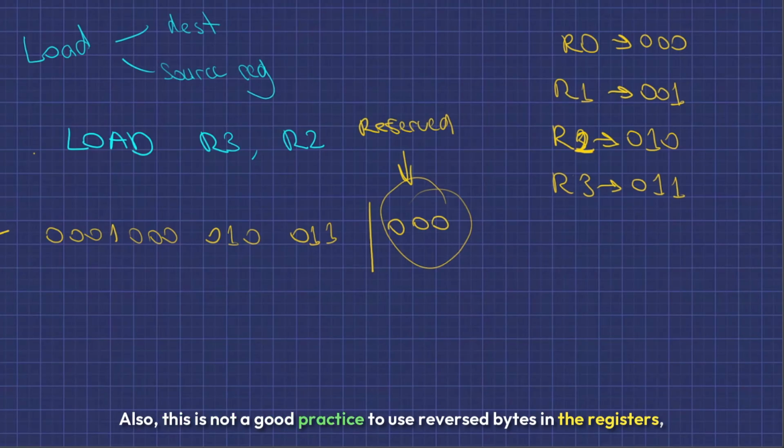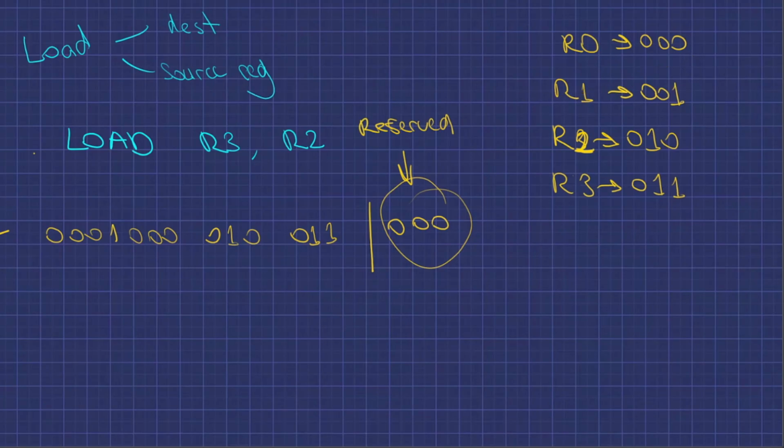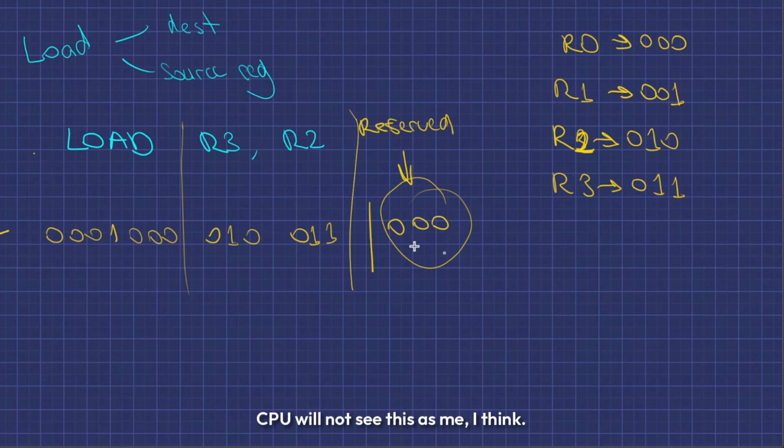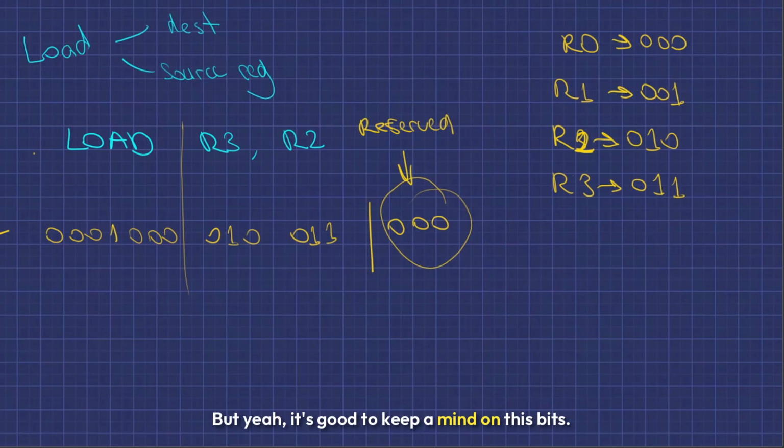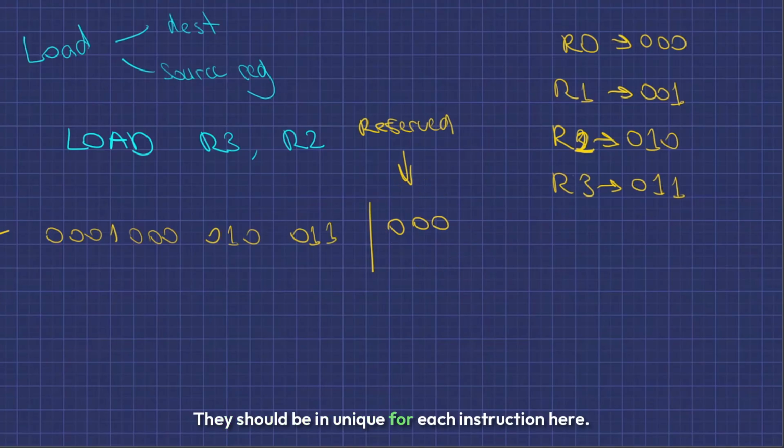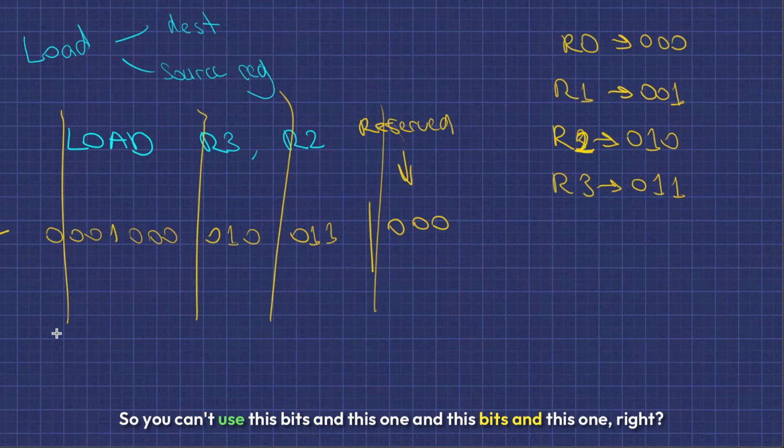Also, it is not a good practice to use reserved bits in the registers, but you see we have instructions for these places. The CPU will not see this as anything, but it's good to keep this in mind. These bits should be unique for each instruction, so you can't reuse these bits.